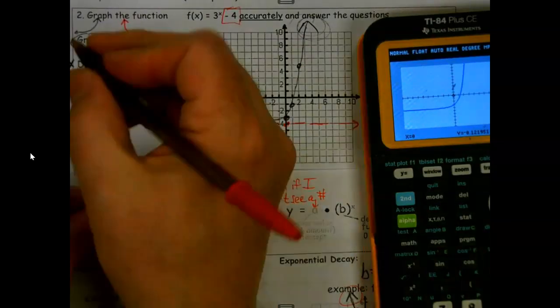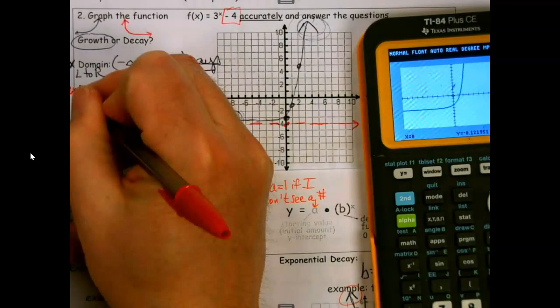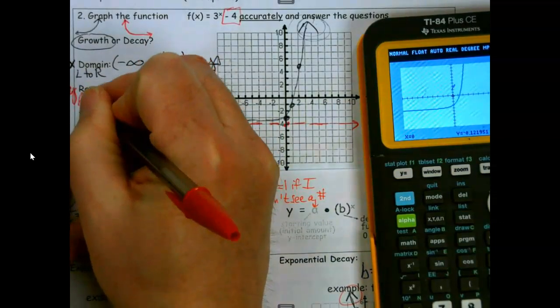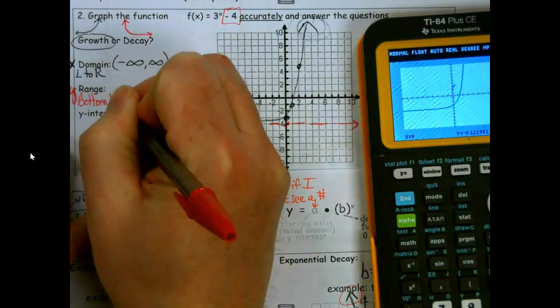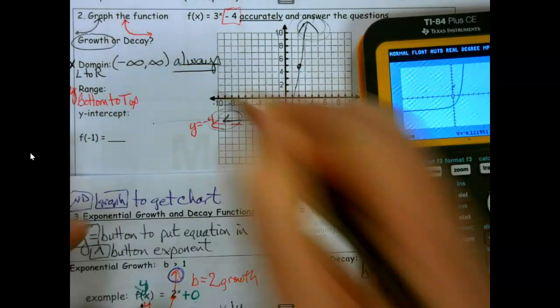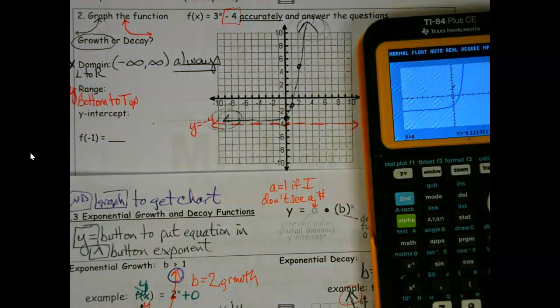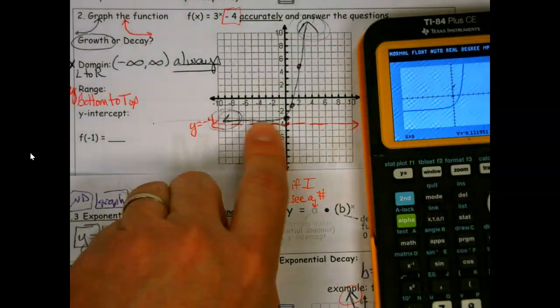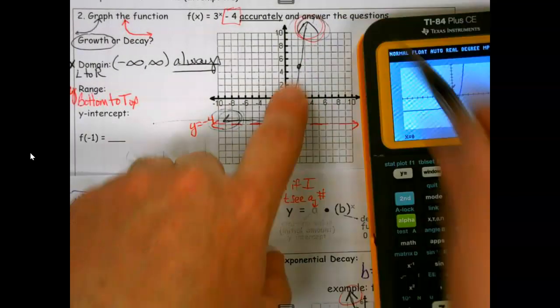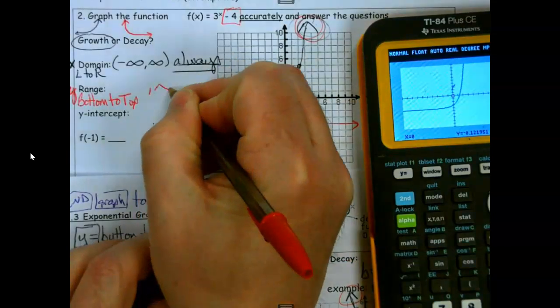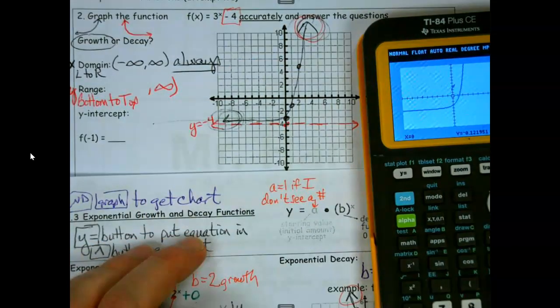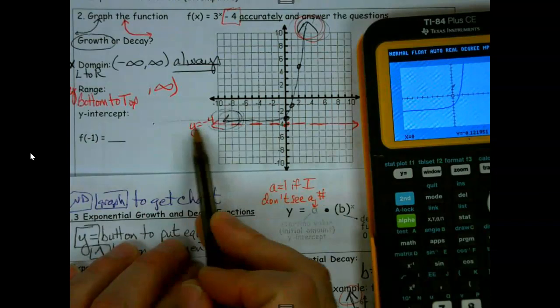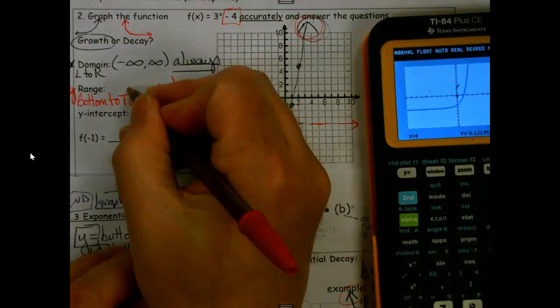The range, my y values from bottom to top. Okay, this is another reason why I wanted to put my do not cross line in. Because I see it goes up forever, but it doesn't go down forever. It only goes down until I make it to the do not cross line.